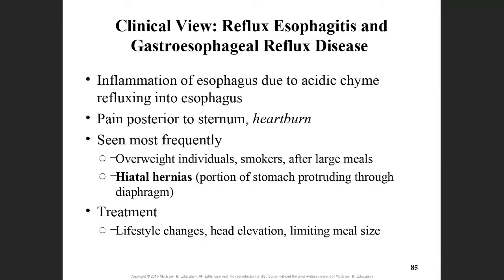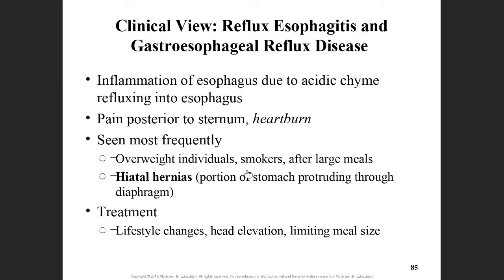Sometimes we have this regurgitation. This regurgitation can cause inflammation of the esophagus due to the acidic nature of the content of our stomach, and it can cause heartburn. This is a pain behind our sternum.